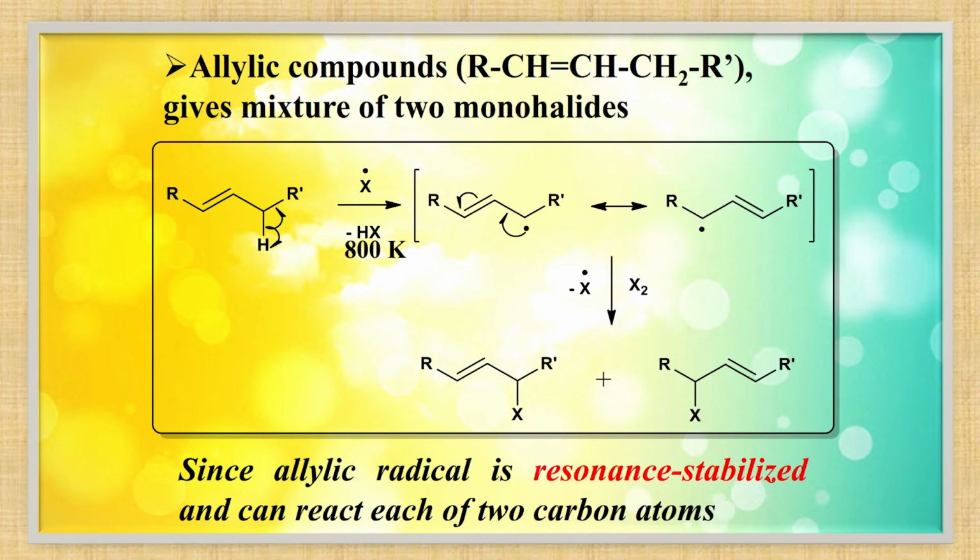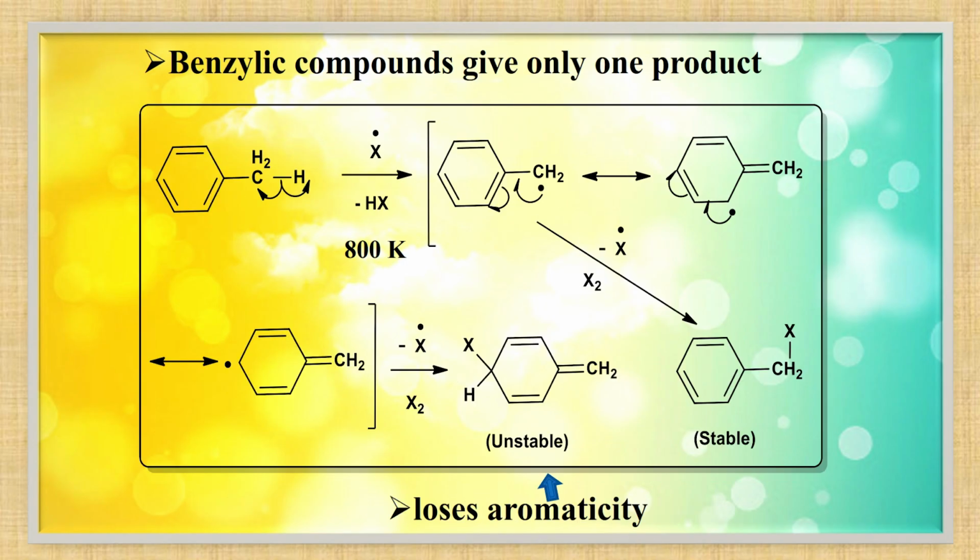Similarly, students, in the next example, if you take a benzylic compound like toluene, then at high temperature heating, the carbon hydrogen bond undergoes homolytic fission, giving you benzylic free radical. This benzylic free radical undergoes resonance.